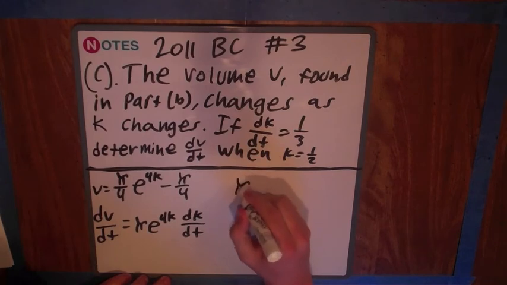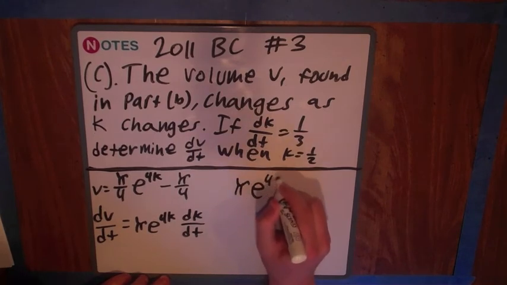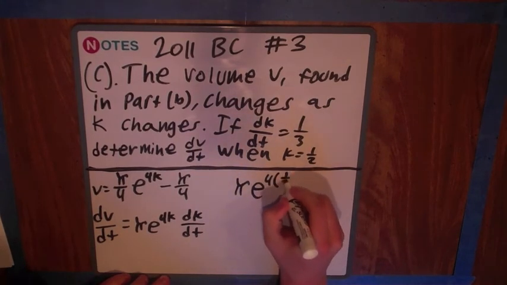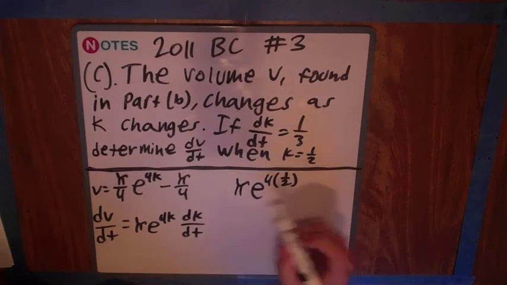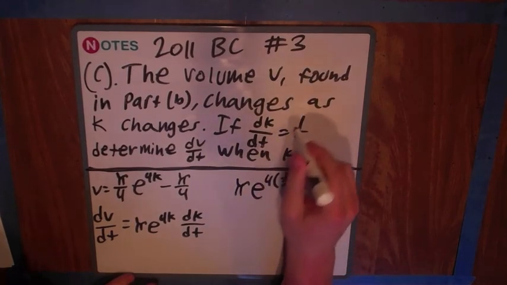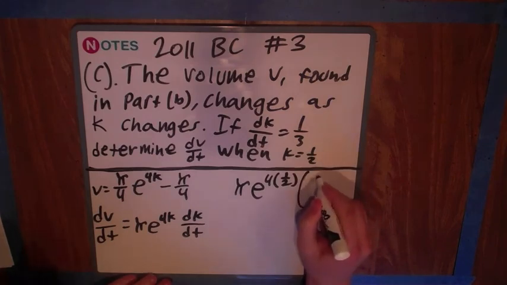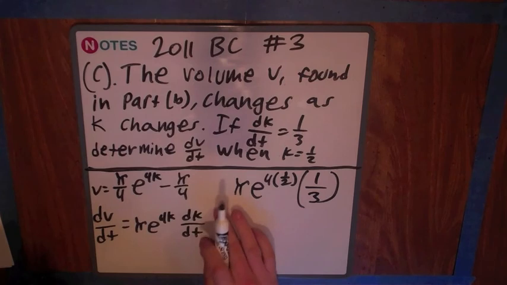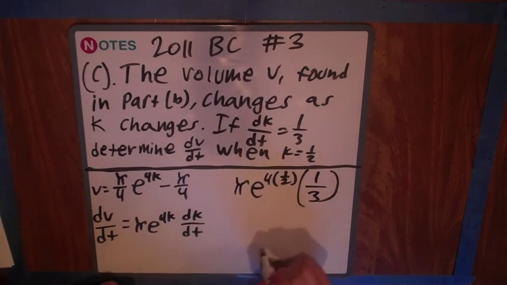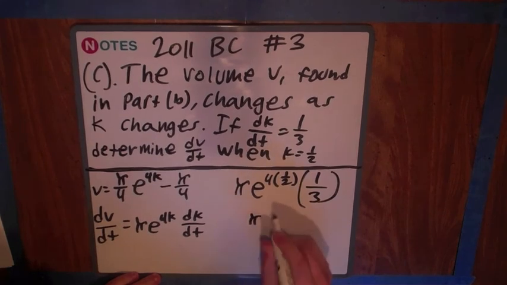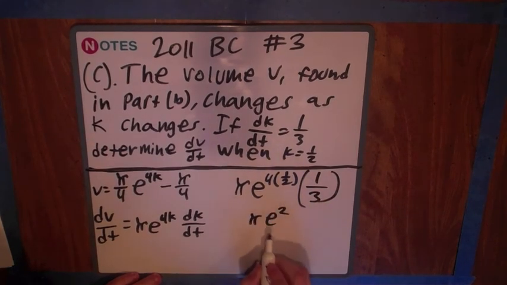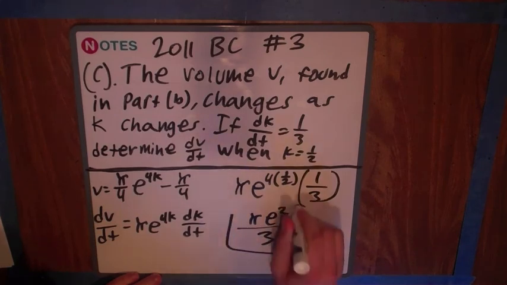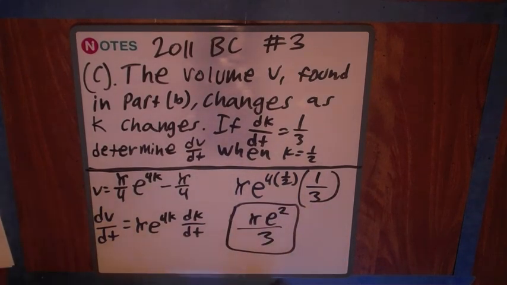So first, pi e to the 4 times k, which is 1/2, and dk/dt, which is 1/3 as given up here. Reduce this down, and we will end up with pi e squared all over 3. And that's the final answer.